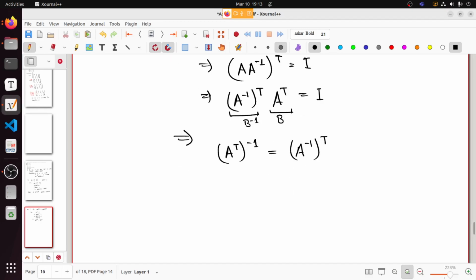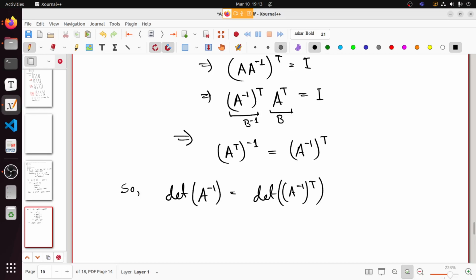Therefore, determinant of A inverse, by the first option, equals determinant of A inverse transpose.